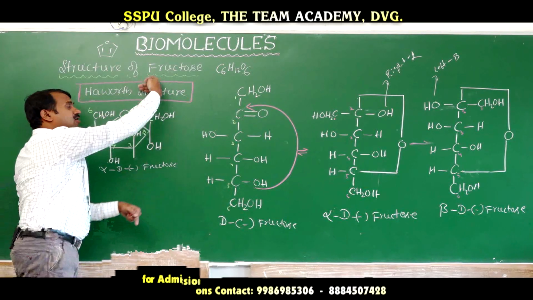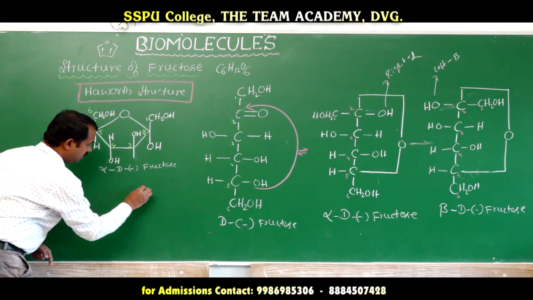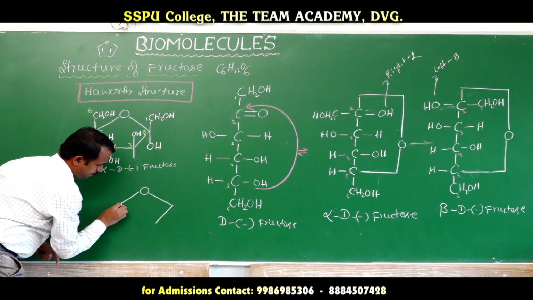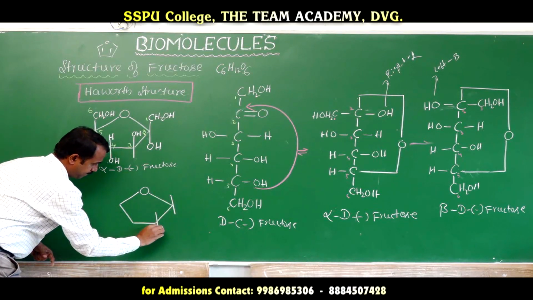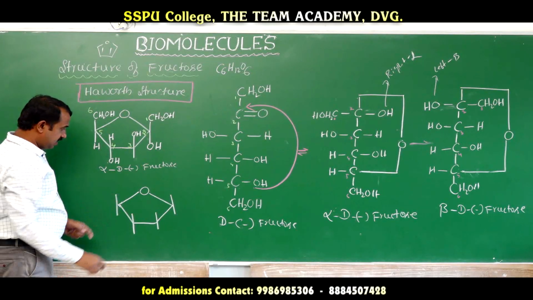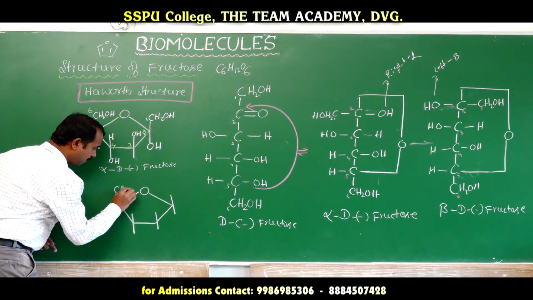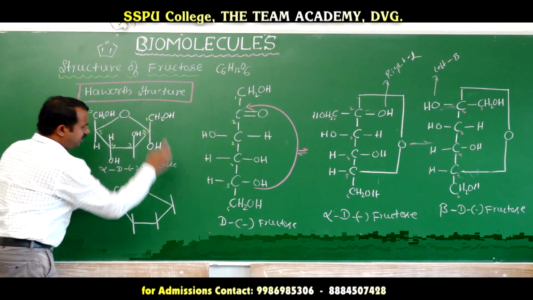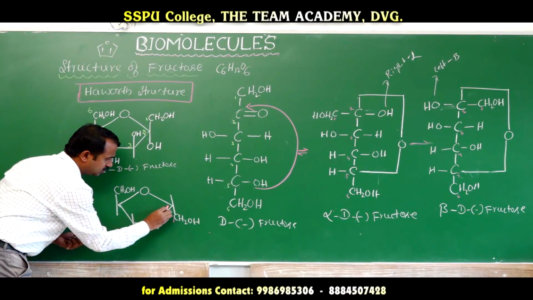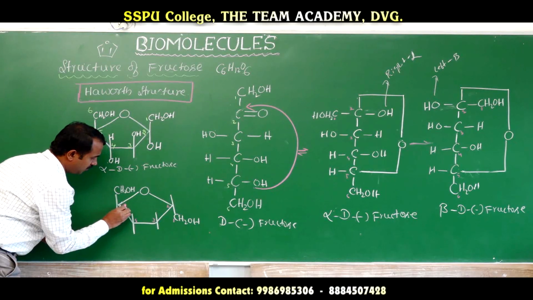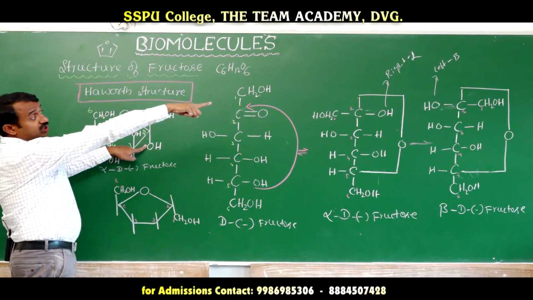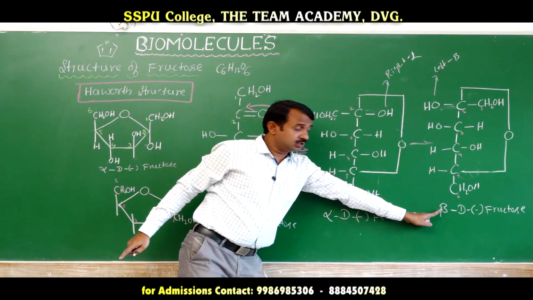Same compound. Beta means here the hydroxy is above the plane. Next here oxygen. Okay. Same here CH2OH. Here above means here also CH2OH. Numbering also C1, 2, 3, 4, 5, 6 carbon. Just check here the beta fructose.